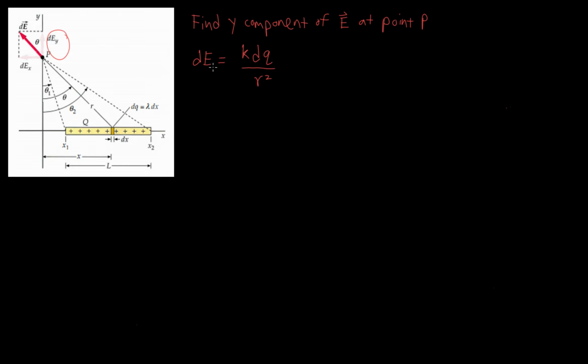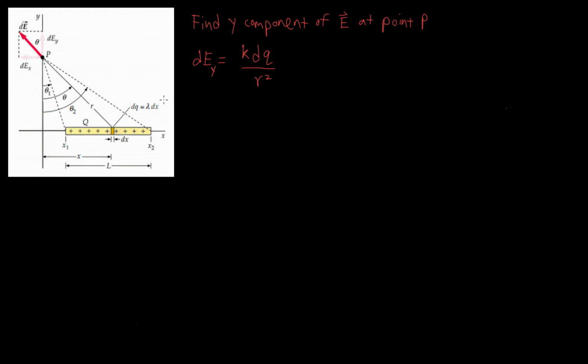We want to find the y component of the electric field produced by this charge. And so notice here that the electric field at point P has two components, the y component and the x component.